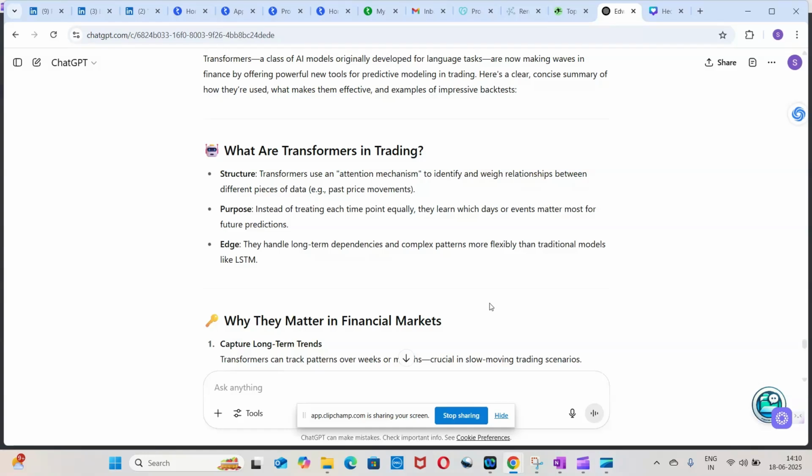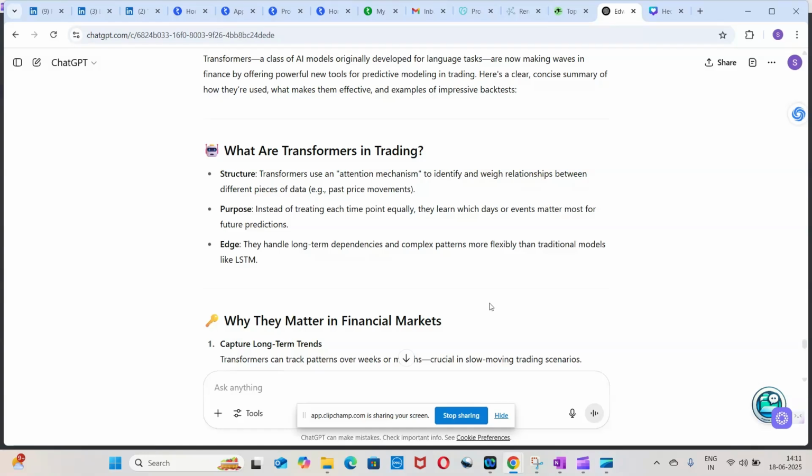For example, if you give it past price movement, it will itself identify which part of this entire past price movement data weighs more, and it finds the relationships between the different pieces of past data we have given it. This is done through the attention mechanism.